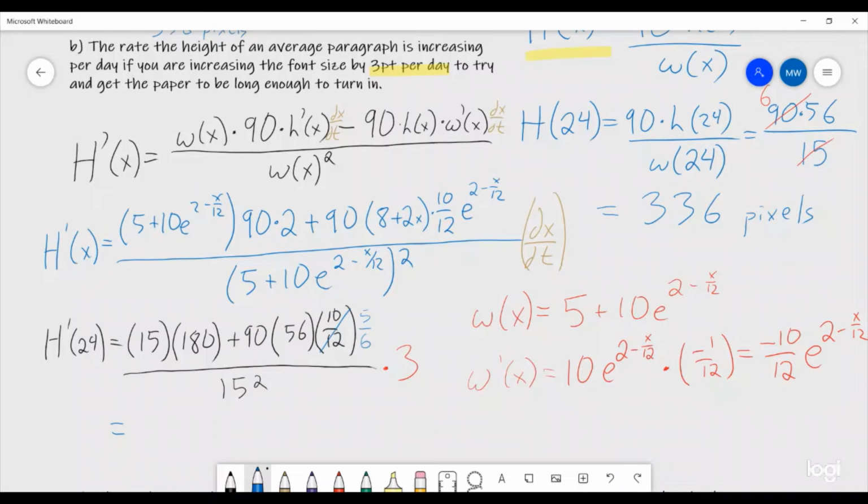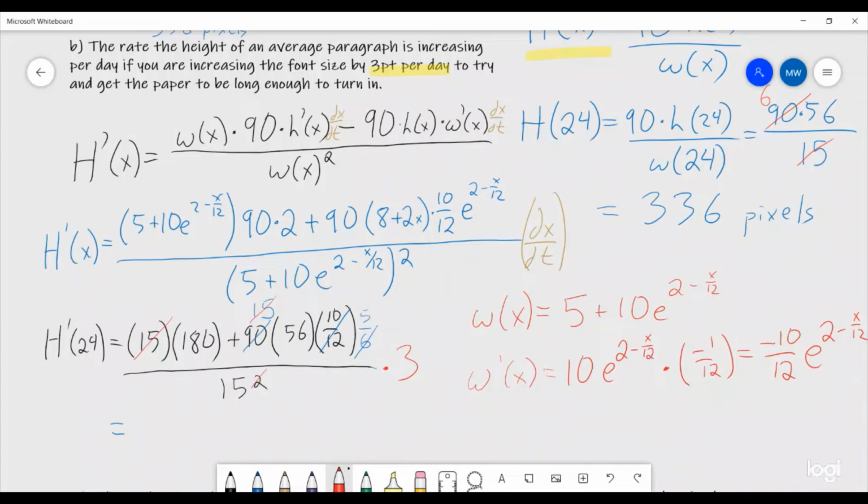So 90 divided by 6, that's 15. So we have a 15 there. And then what we have left on the top is a 15, 15 over 15. So that means a 15 will cancel from everything. And then we have 180 plus 15 times 56 over 15.